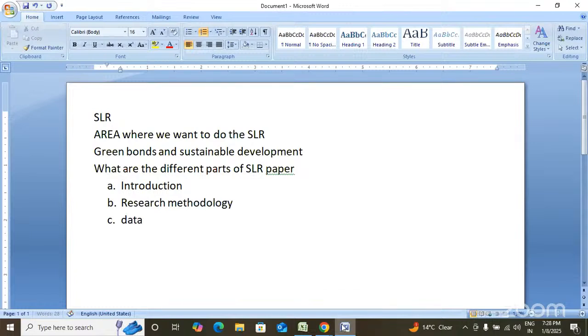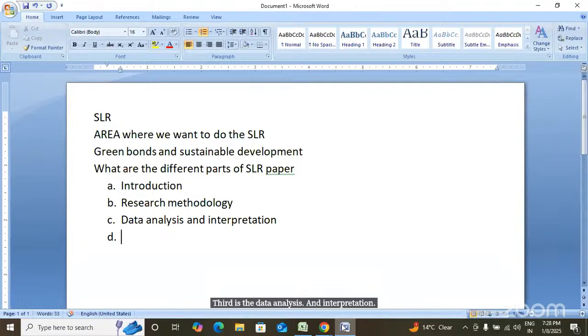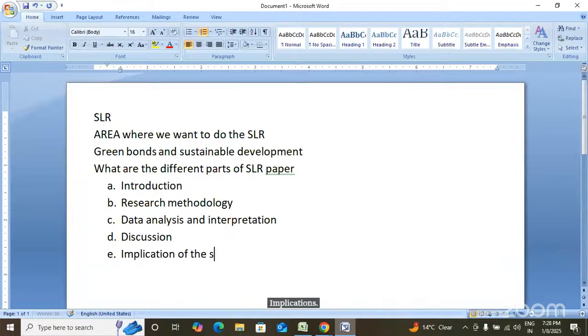Third is the data analysis and interpretation. Fourth is the discussion, implications of the study, and conclusion. So these are the different segments of an SLR paper.